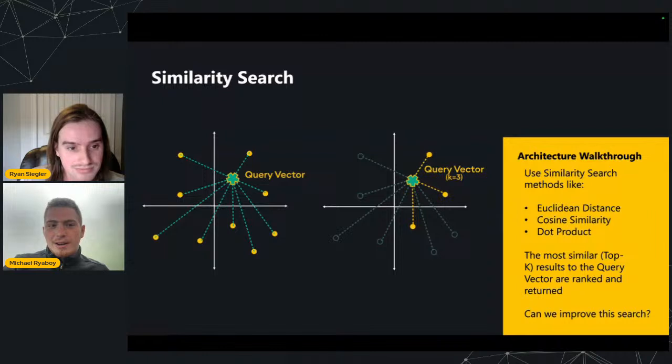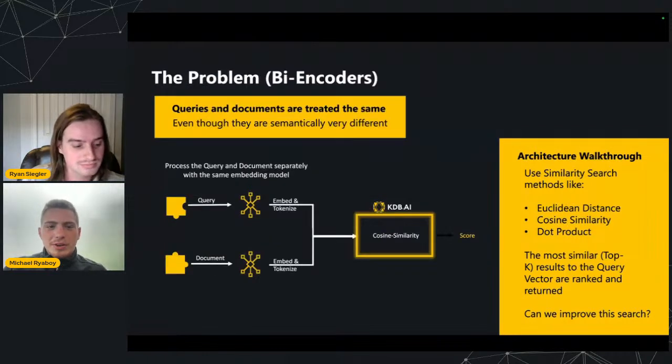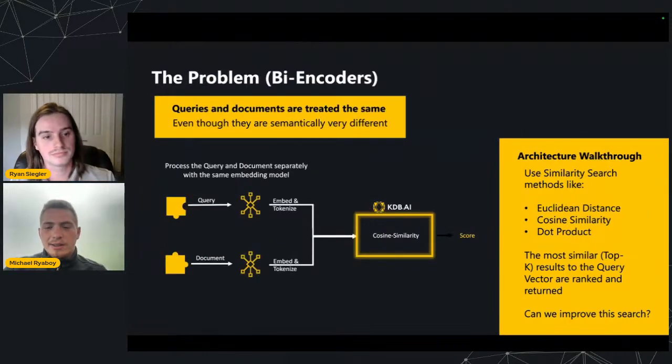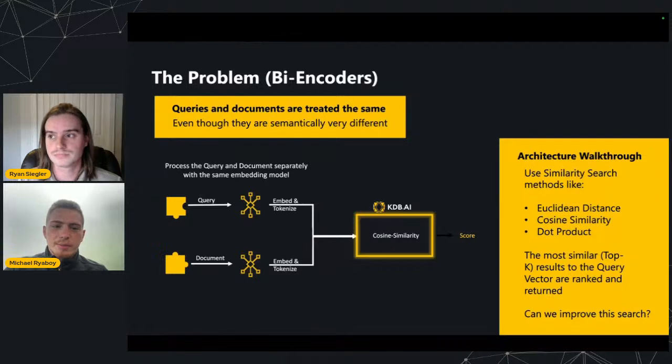Hey guys, so what I'll be talking about next is this idea that a lot of vector database or vector-based applications often don't have very good performance because they treat the query and document exactly the same.